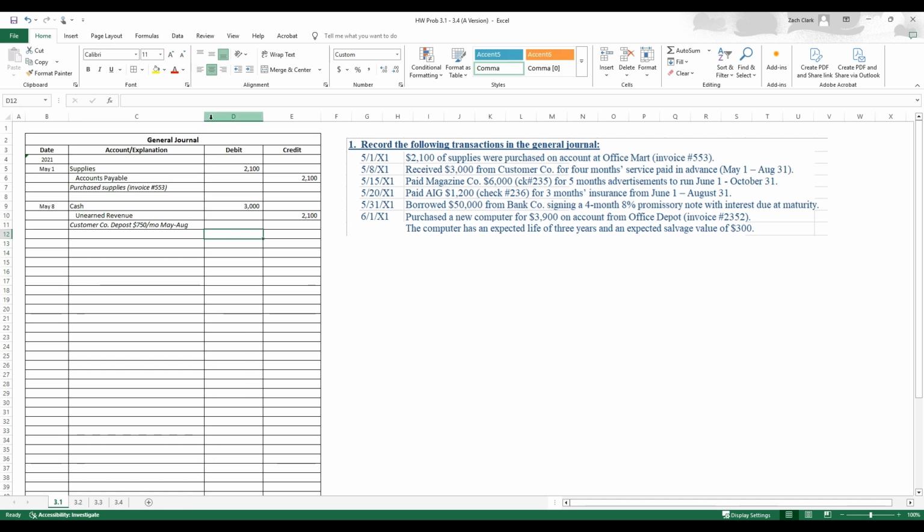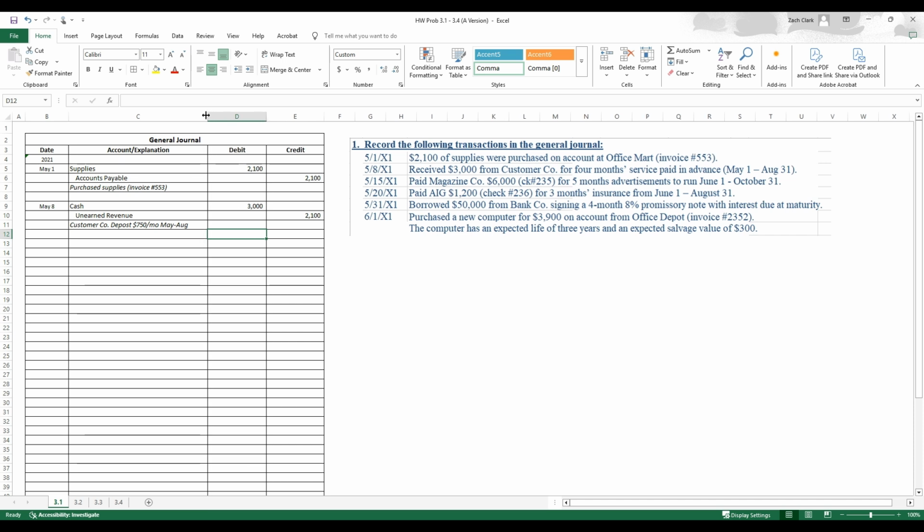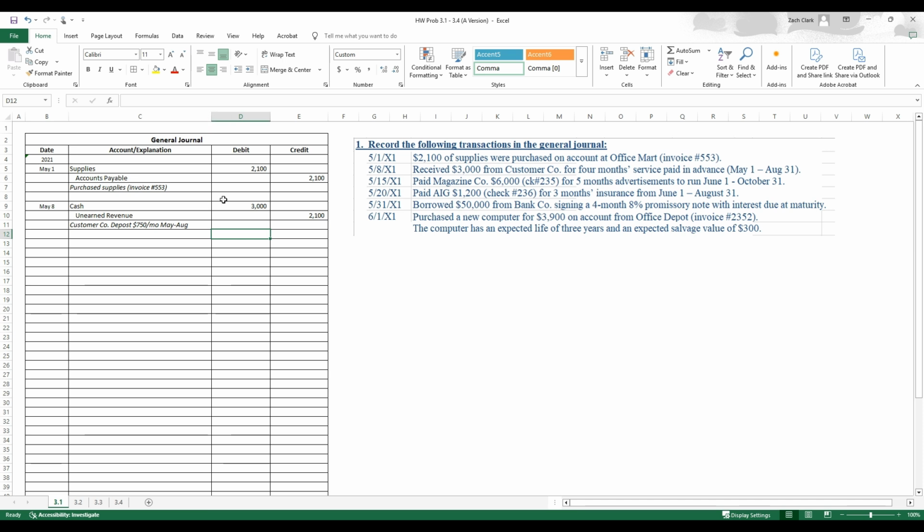You all probably caught on to this by now, but one little thing for Excel: remember we can put our cursor up to the columns and the side of the columns and make those larger or smaller. So sometimes if you have a longer explanation, you might need to get a little more space. Okay, so we are going to earn some of this money in May, so we'll need to analyze that as we go forward.